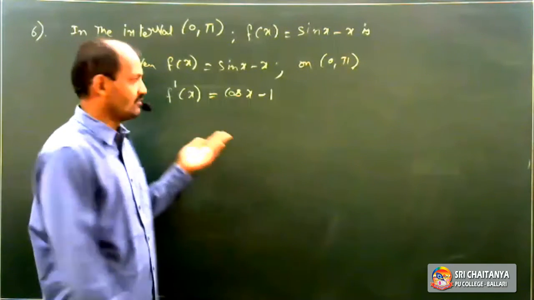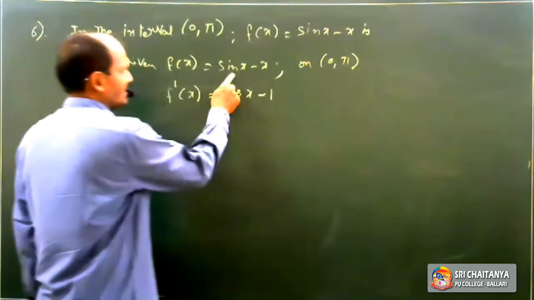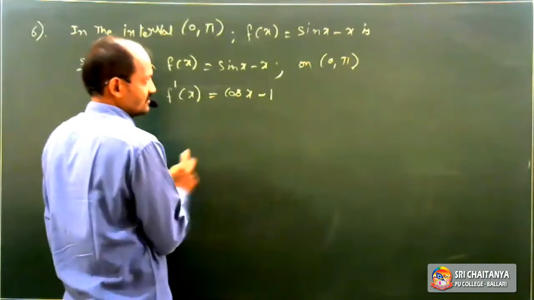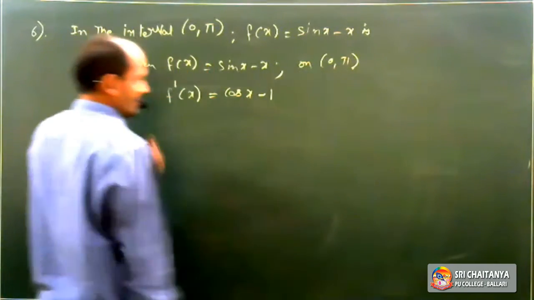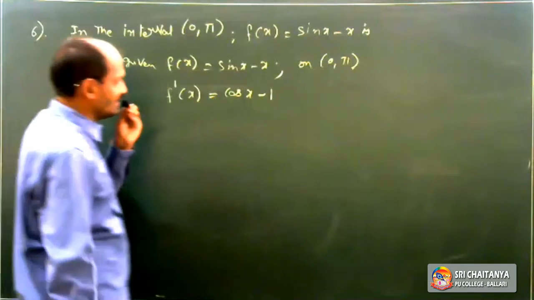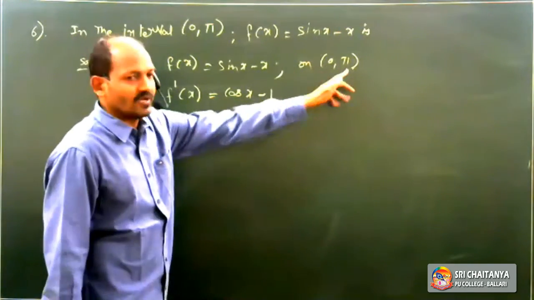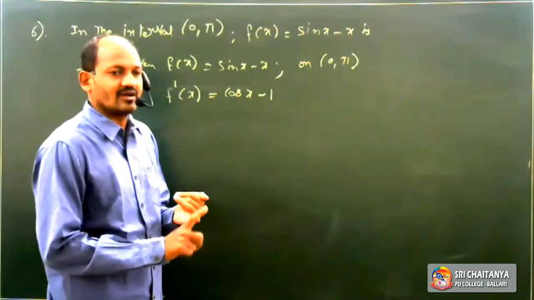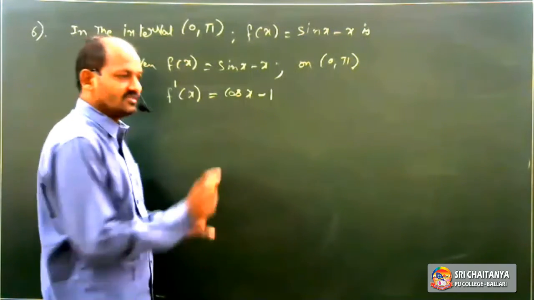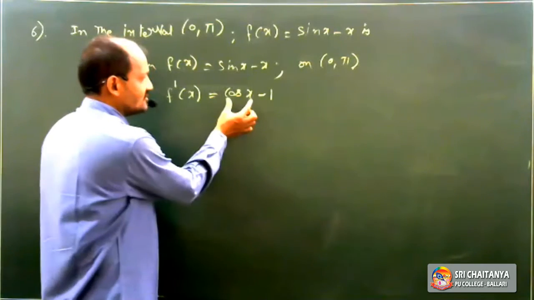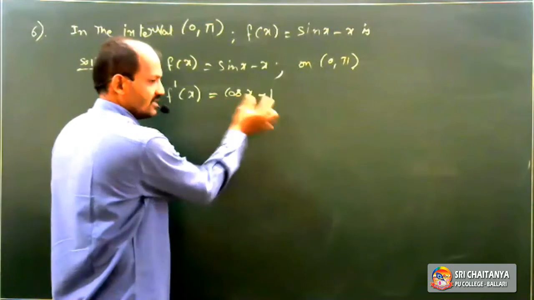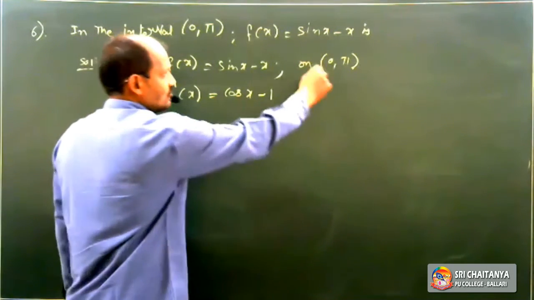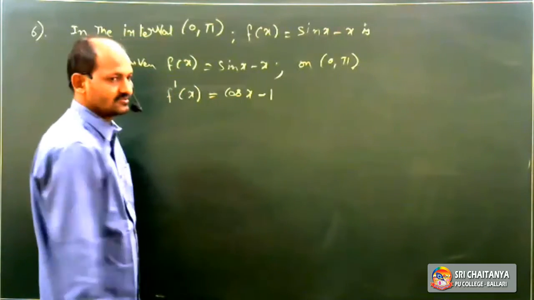No need to verify generally. Observe, the derivative sign is cos x minus 1. In this interval 0 to pi, is it an increasing or decreasing function? 0 to pi means first and second quadrant. In the first quadrant, 0 to 90, cos 0 is 1, 1 minus 1 is 0, but it is an open interval, above 0 degrees.